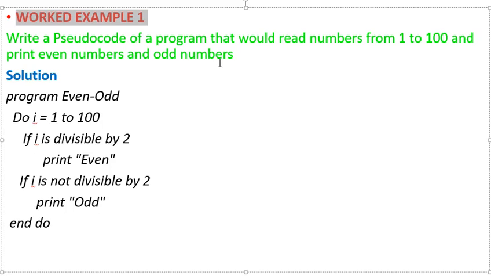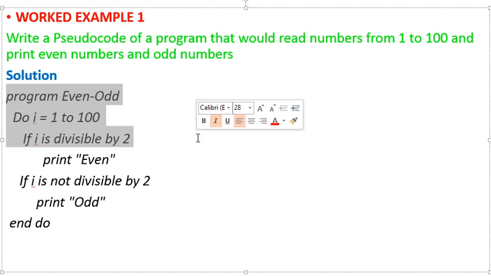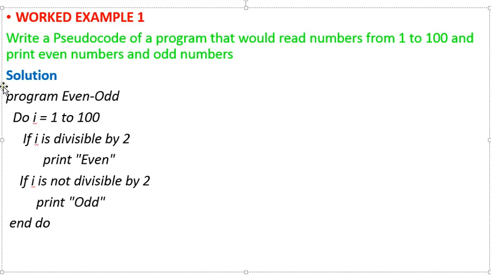So for us to write our pseudocode, this is the solution here. First of all, we give it a heading, and that heading is just to tell what the program will do. We said program even odd. That is a program that we are going to use for identifying odd numbers and even numbers and printing them accordingly. We are also asked to do that for the numbers from 1 to 100.